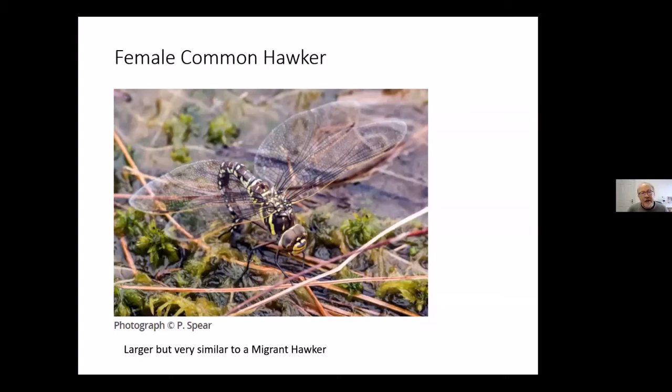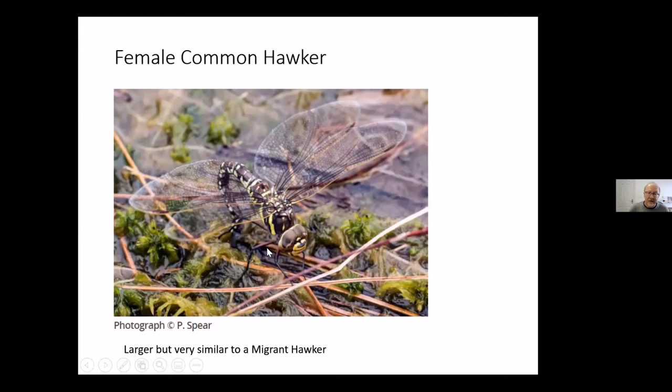Despite the name, they're not actually that common, but you'll notice that it has these very distinctive yellow stripes down the side of its thorax, and otherwise it's predominantly brown. And you'll see that the costa, the wing edge, is yellow. So if it has a yellow wing edge, it's yellow and brown, it's a female common hawker.